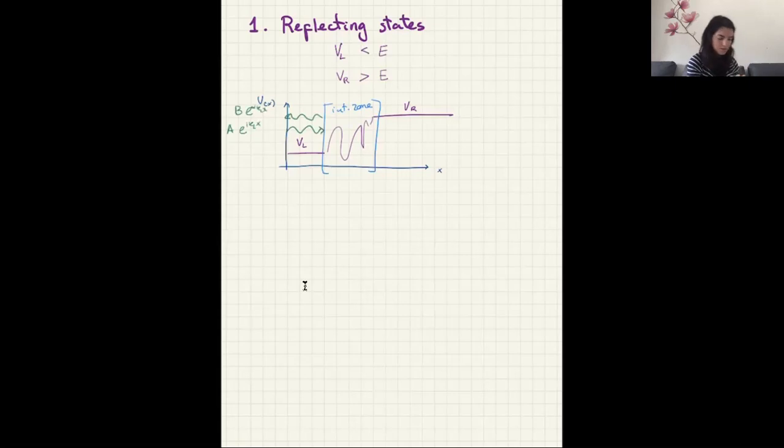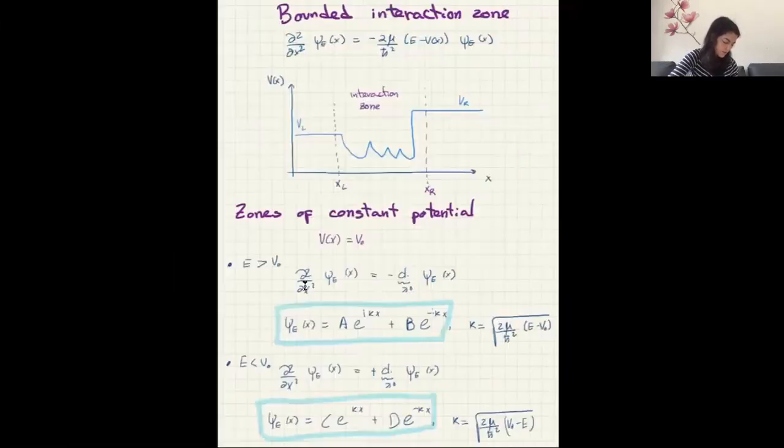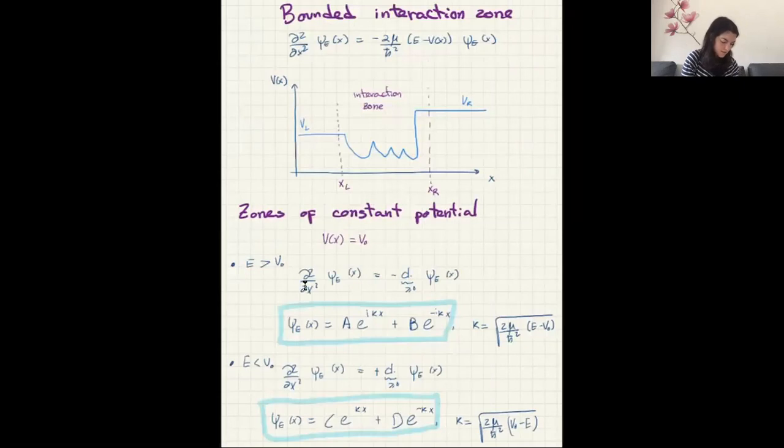So that's the one going to the left. Where here on the right, we could have something like this and something like that. So this would be C, e to the minus beta right x. Okay, we can call this exponent beta, just to be the same as the book.